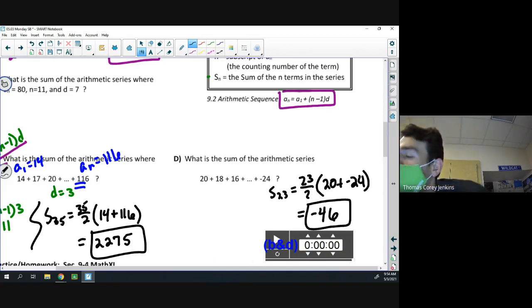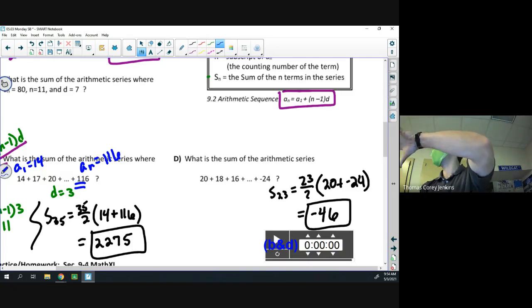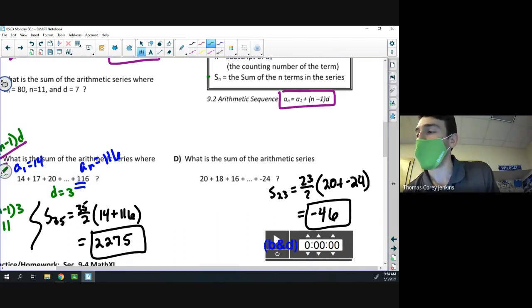The key is, though, how do we come up with the 23 part? All right. So does anybody need to see how we come up with 23 terms? Are you guys good to go on that? All right. So yeah, you might want to remind yourself we had to find n equals 23.